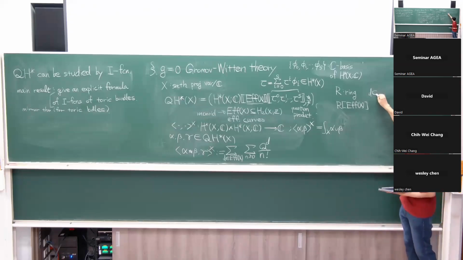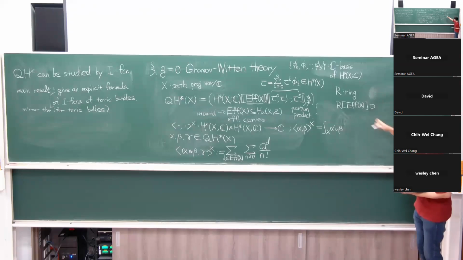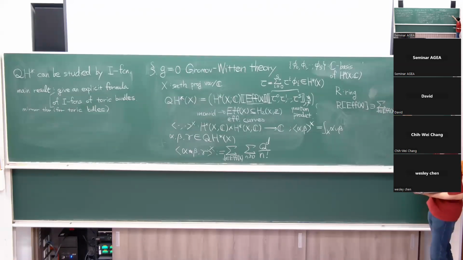So for D, the element of this ring is written as a finite sum of such terms.